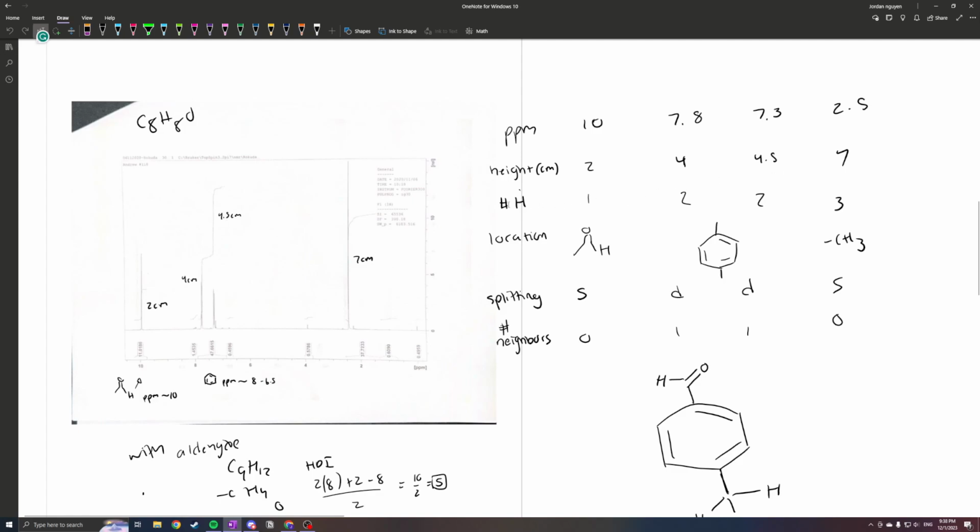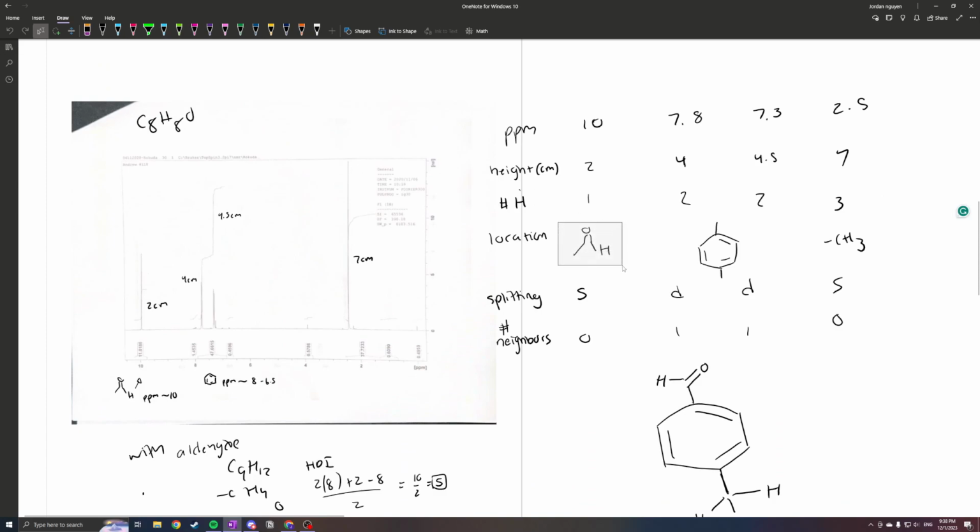Then I solved for the number of hydrogens, and I know there should be 8 hydrogens in total, so there should be 1 hydrogen for the peak at 10 ppm, and then 2 hydrogens each for the peaks around 7.8 and 7.3, and the peak at 2.5 should have 3 hydrogens because it had the highest height. So that equals 8 hydrogens total.